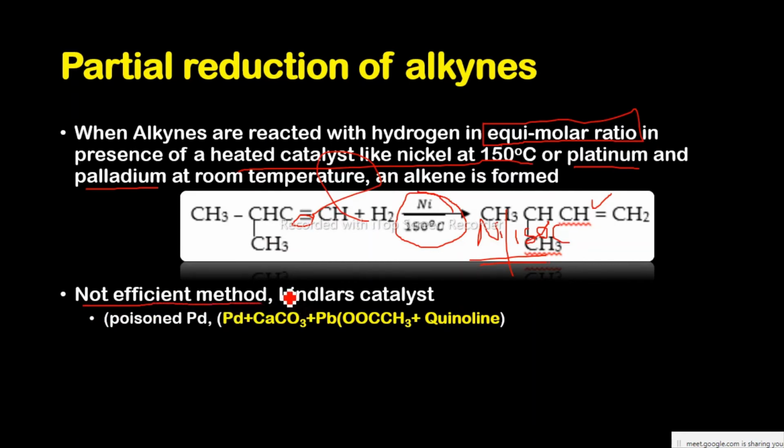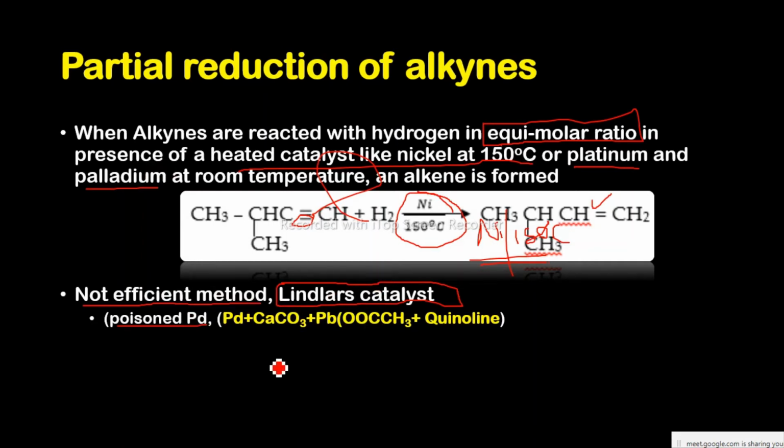So as a result, this great guy came up with his own method of preparing alkenes from partial reduction of alkynes. And what did he do? He used poisoned palladium at room temperature. He got palladium and poisoned it, and he named it Lindlar's catalyst.